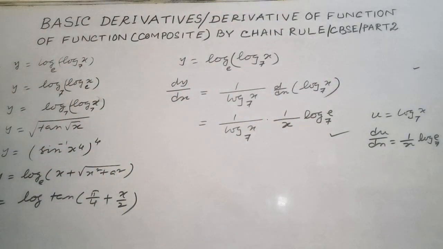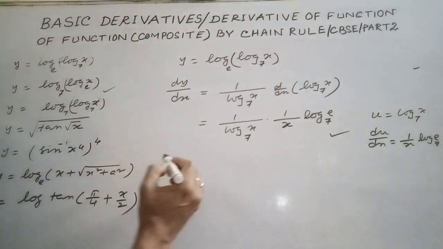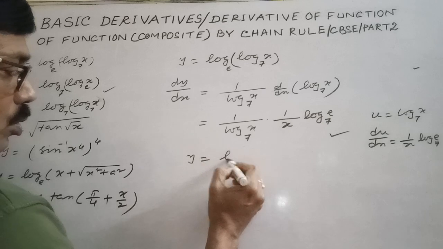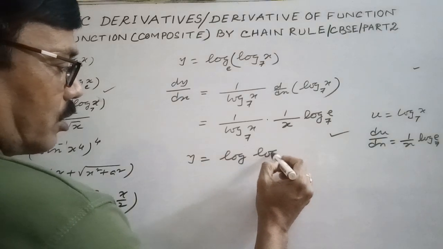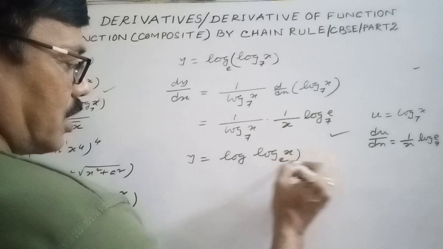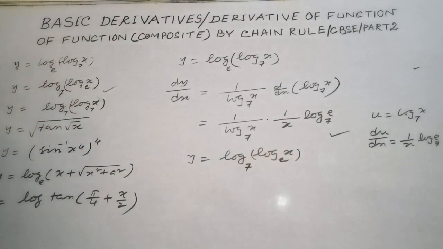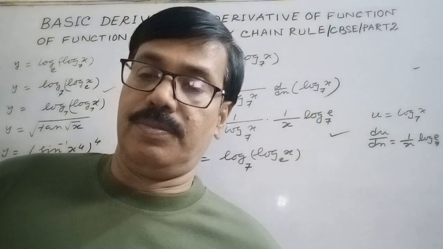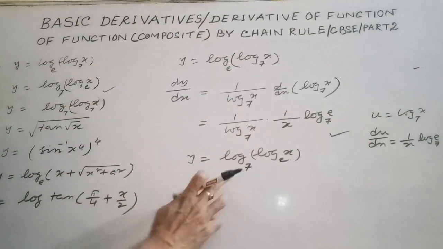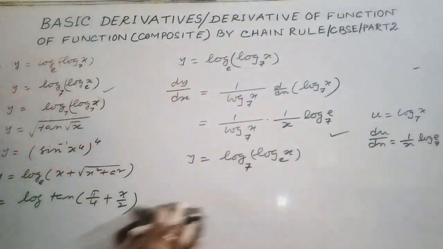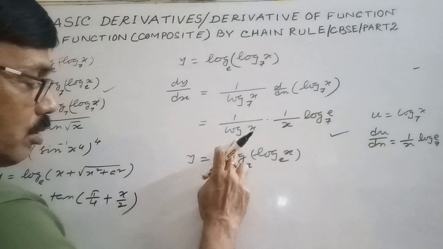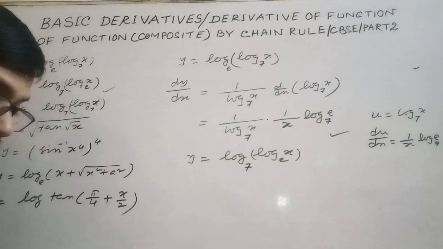Now, second one, y equals log of log x. Here base is e and here base is 7. Mark it. So here main function is log but base is not e.